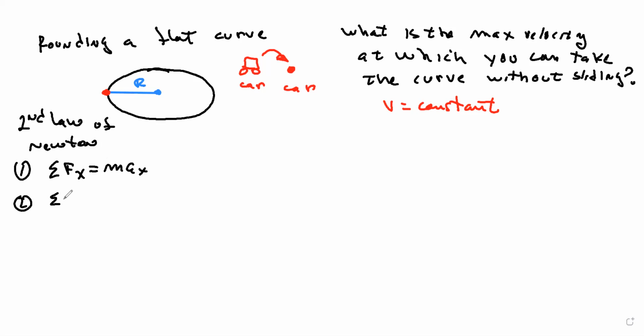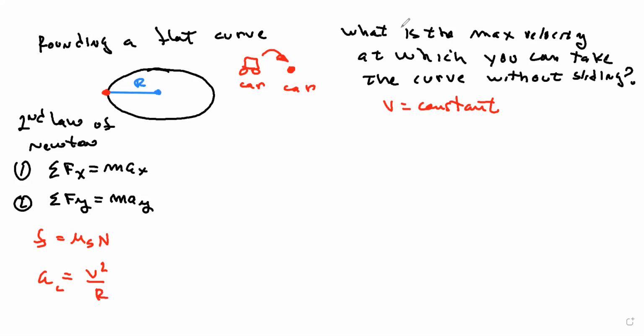Equation 2, which is the summation of the forces in the y direction, is going to be equal to the mass times acceleration in the y direction. And you can use a third equation, which is that the friction is going to be the coefficient of static friction times the normal force. Another one is that the centripetal acceleration is going to be v squared over r. So we're going to use all these equations to solve this problem.